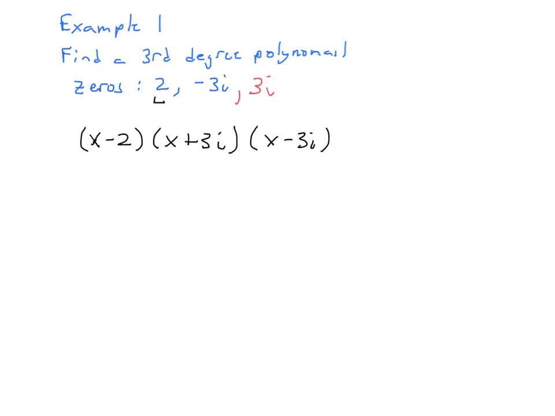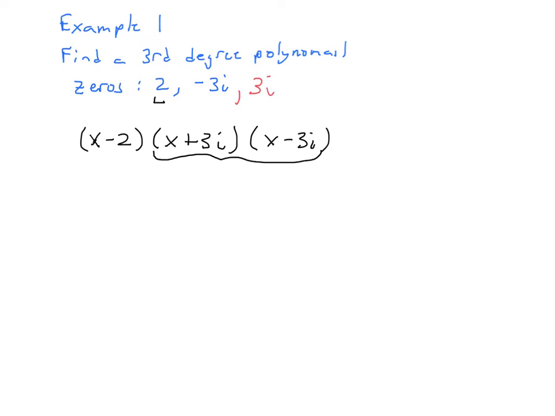My suggestion to you, although it might seem like something you don't want to do, since a lot of people say they don't want to deal with the i's, is to start out by multiplying those two together, the x plus 3i and the x minus 3i. The reason is that if you do it correctly, when you multiply out the factors that have conjugate zeros, the i's will drop off.